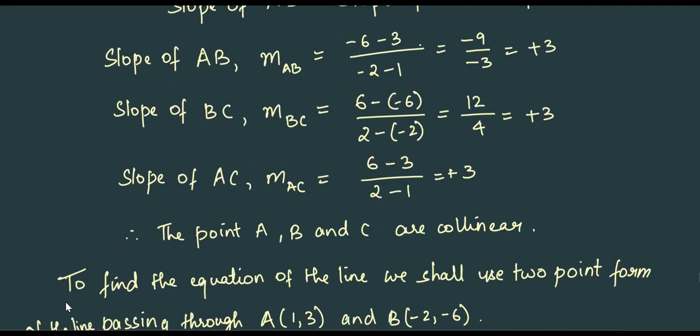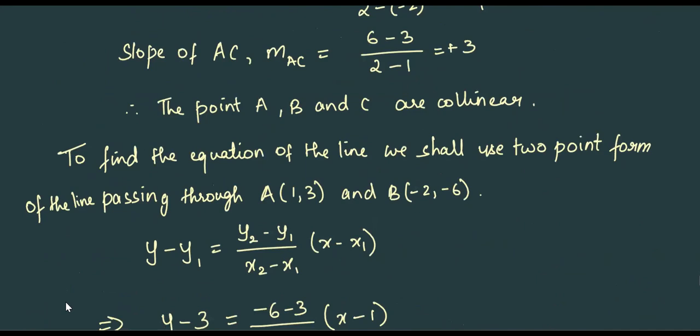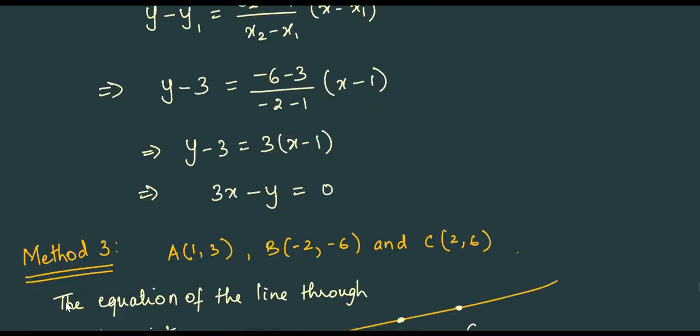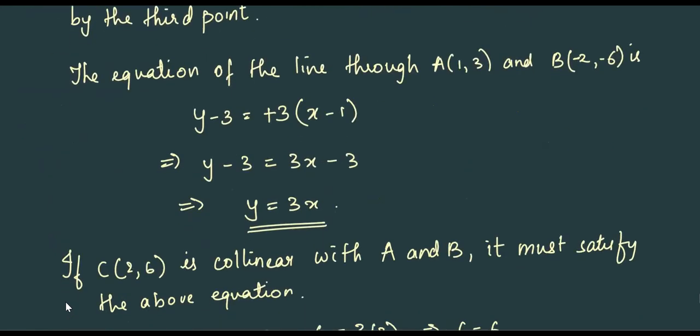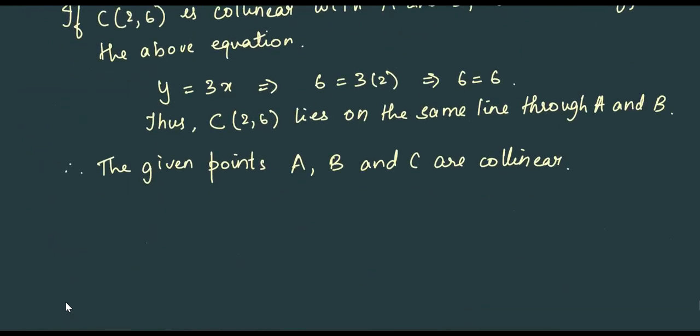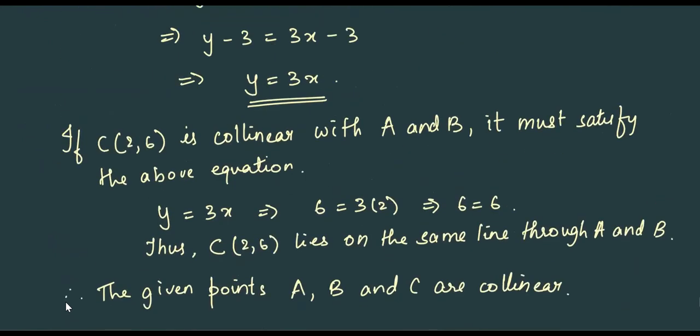Again, here we can just show collinearity by this method. This is an easier method than the determinant method. However, we still need to find the equation of the line passing through the 2 points. The third one is by far the best method, because first you find the equation of the line through 2 points. So that is done. And after that, you check whether the third point satisfies the same equation or not. If the third point satisfies the same equation, then the points are collinear.